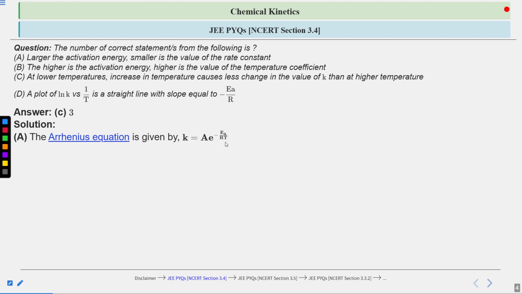So easily you can relate any two terms from this equation.